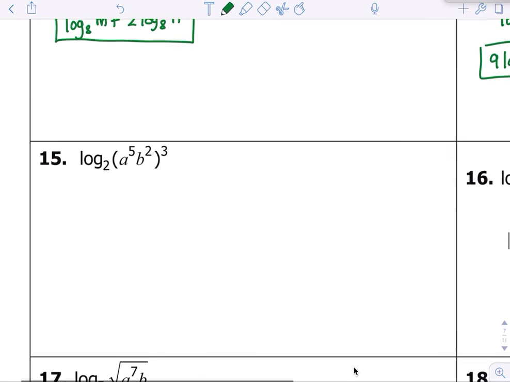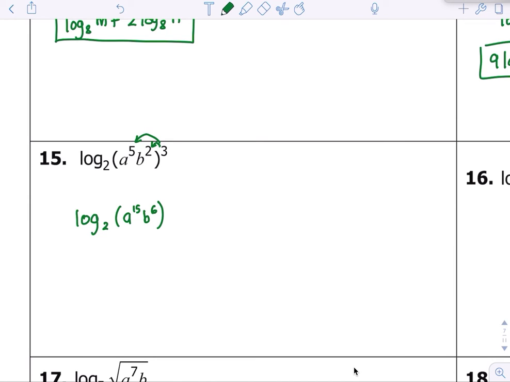Alright, 15. Okay, so for this one, there's a couple things we could do, but for the sake of argument, let's just distribute the 3 to go in. So we multiply those inside. So log base 2 of a to the 15th and b to the 6th.